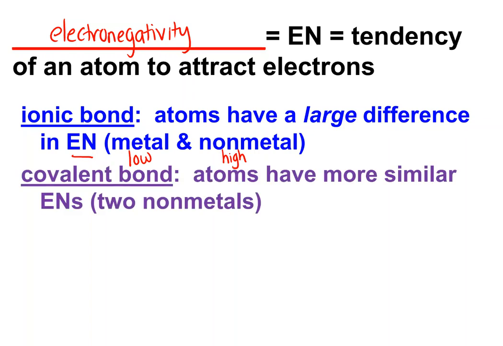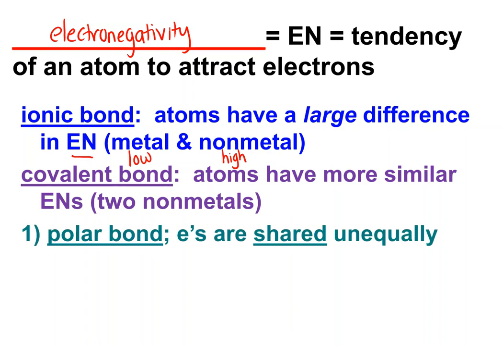In a covalent bond, the nonmetals both have strong attractions to the electrons, so they don't transfer, they just share them. And then there are two subtypes of covalent bonds, depending on if they are shared equally or unequally.